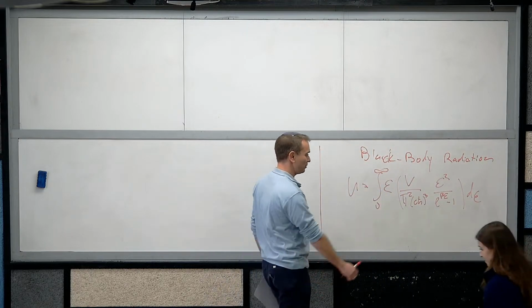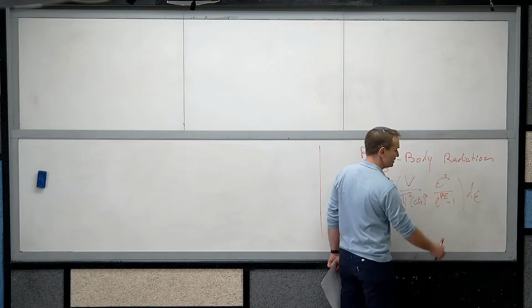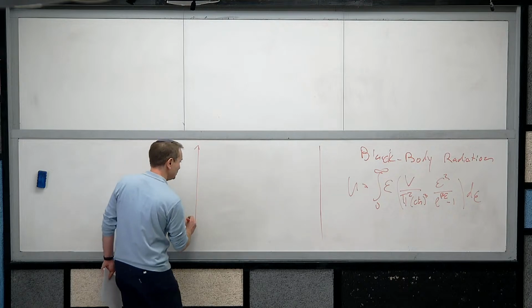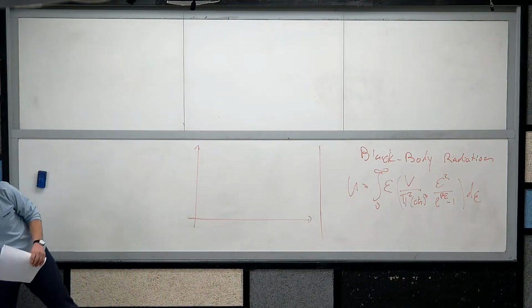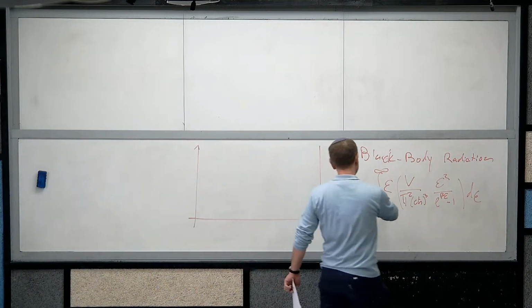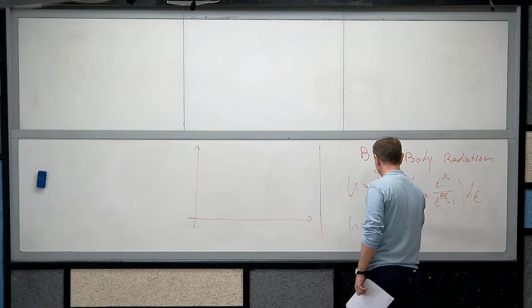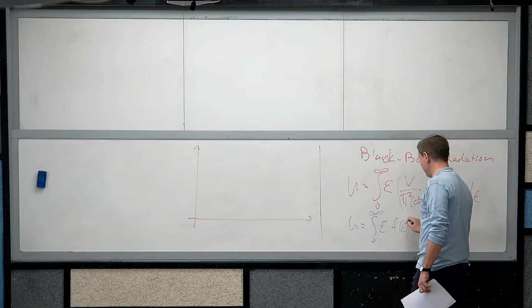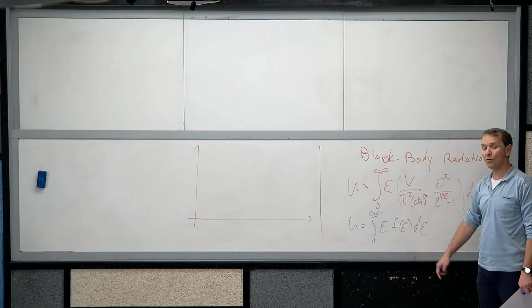It's the same expression. So if we look at this, please notice that this is saying U is an average of the energy, and here we have the probability density function of this energy.